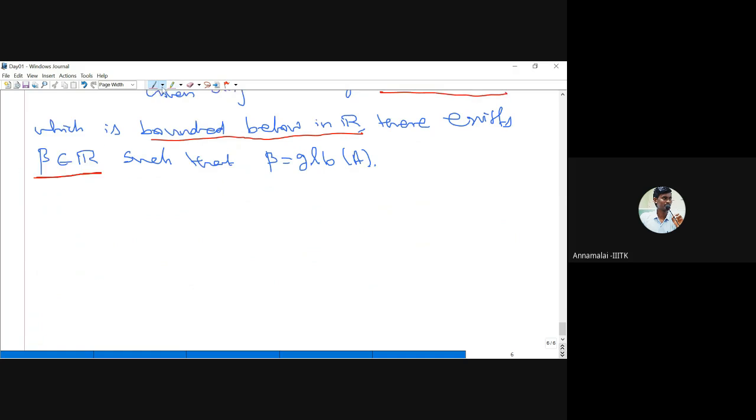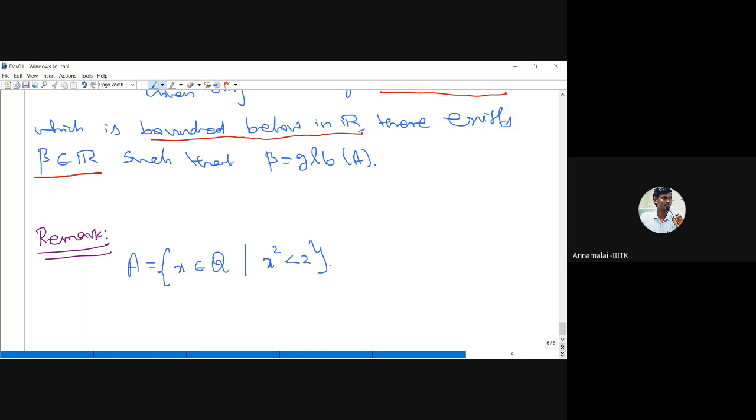We take a remark. Suppose we consider some subset of Q that satisfies all the assumptions, that is, it is bounded above, but its least upper bound does not exist in Q. Suppose I take the set A to be the set of all rational numbers x such that x squared is less than 2.